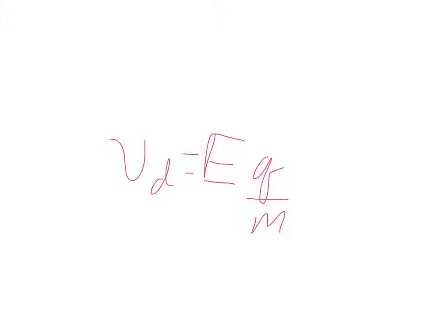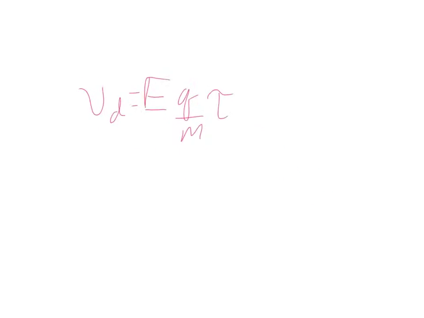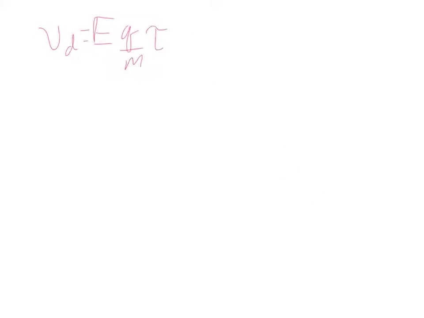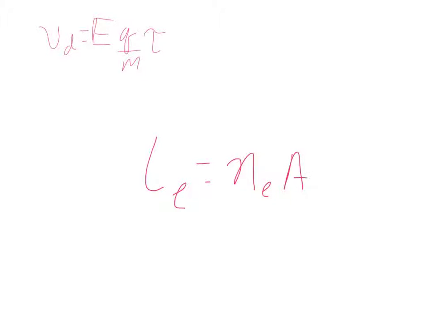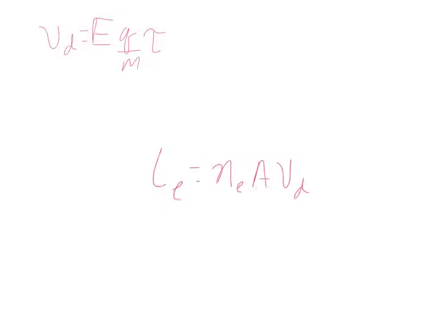So now we know that the drift velocity is equal to the strength of the electric field times the charge divided by the mass times tau. And what we're going to do now is take that and put it into our old equation where I sub E is equal to N sub E times A times V sub D. So again, we want to use these two and put them together.